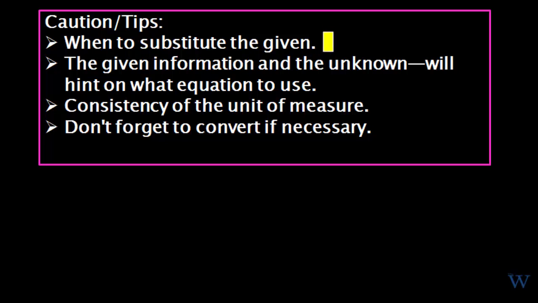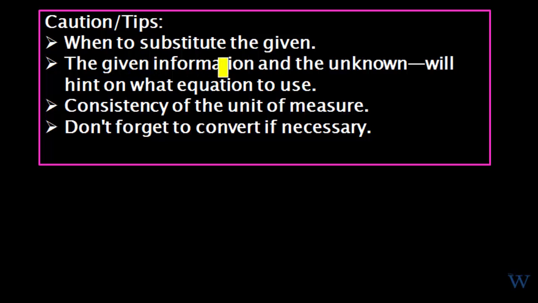We only substituted the given beforehand if they are fixed, like a fixed height, fixed length, and so on, those that are not changing. But when the radius was changing, given that the diameter was 50 centimeters, we didn't substitute the given until after differentiating.